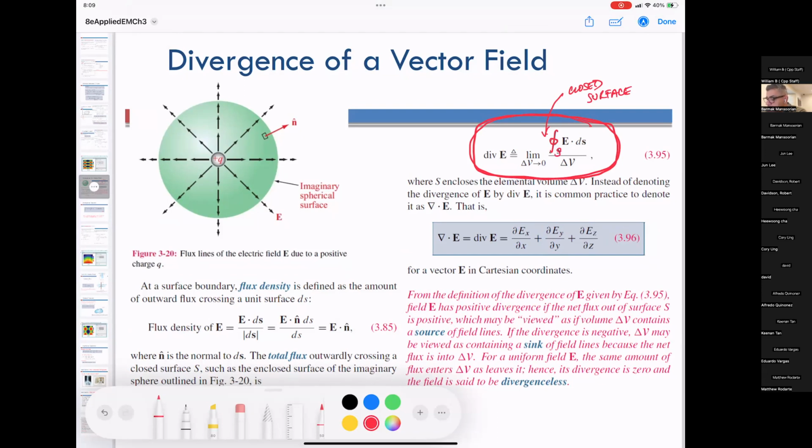And we're integrating this vector field all along that surface, any kind of surface. The divergence of the vector field is when you take that integral and divide it by the volume, in the limiting case where the volume goes to zero.